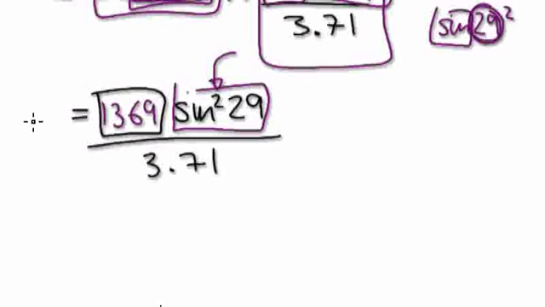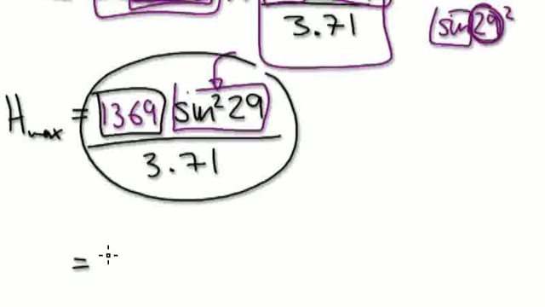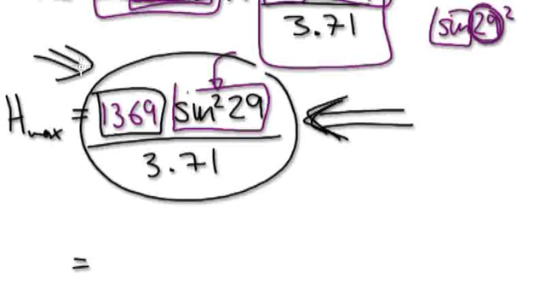So the maximum height H will be given by this. You can just punch it into your calculator and you will get a number, but for me, you can leave it like this. When people look at this, they will know, and if they really want a decimal, they will just jump to a calculator. So the maximum height is given by this, and you can leave it as this.